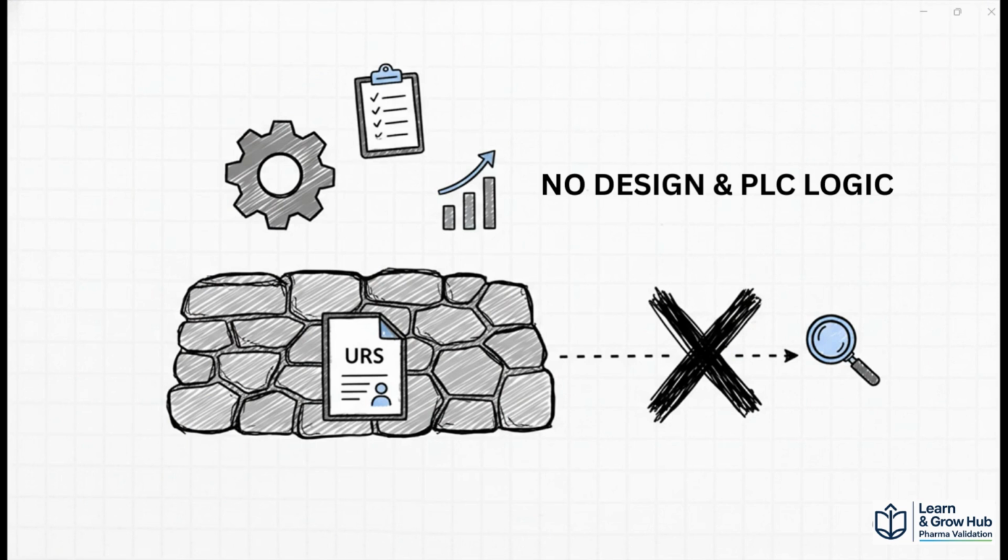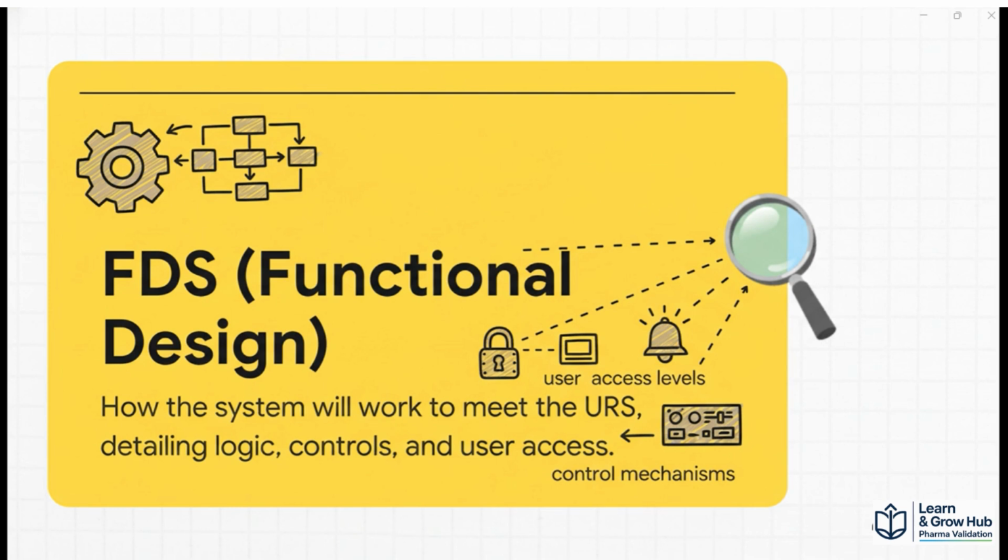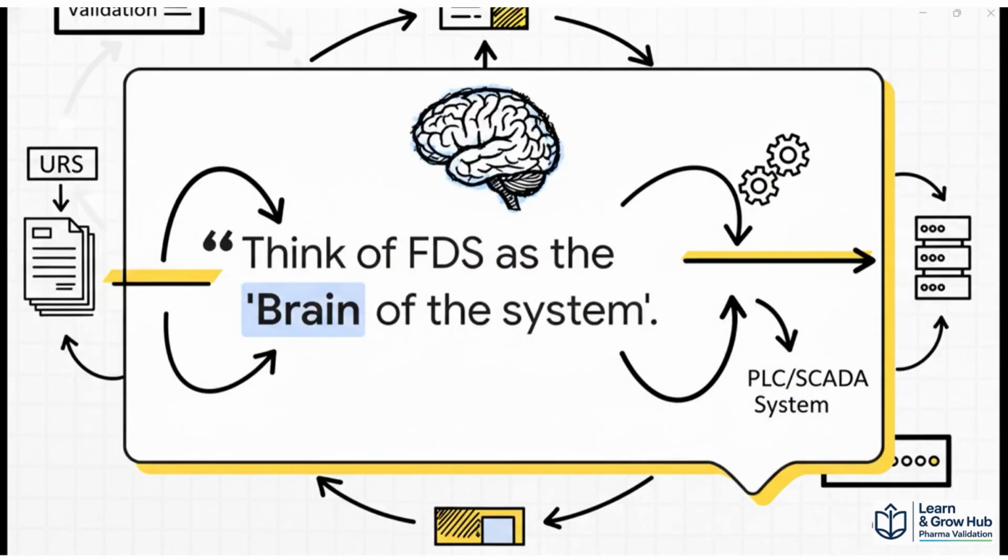After the URS comes the functional design specification or the FDS. This document answers how the system will work to meet the user requirements. If the URS is the foundation, think of the FDS as the brain of the system. For an HVAC SCADA system, the FDS explains how the temperature will be controlled.